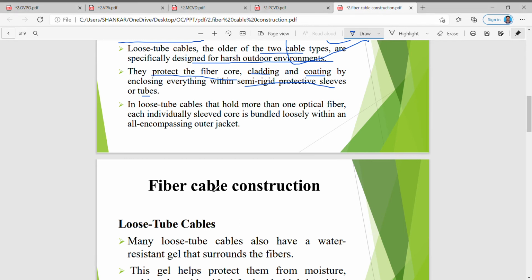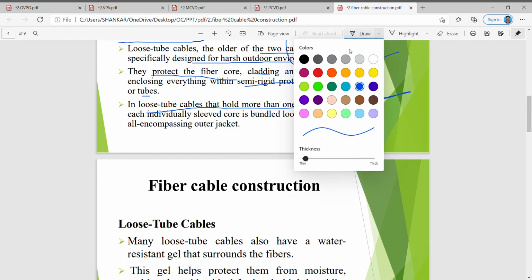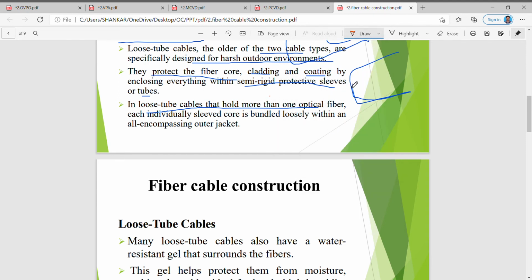In these loose tube cables we can hold n number of optical fibers. That means loose tube cables hold more than one optical fiber. Suppose this is a loose tube cable; it holds a number of optical fibers here.